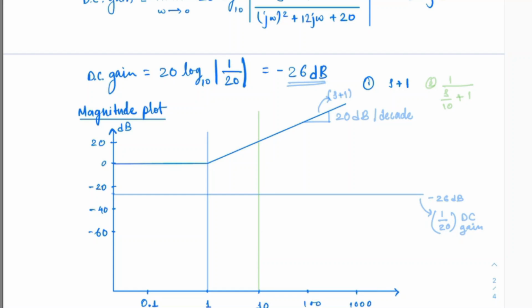Let's draw a line at 10. It will be 0 till this frequency, and at the corner frequency of 10, the second asymptote would come, which will have a slope of minus 20 dB per decade. This component is 1 over s over 10 plus 1.